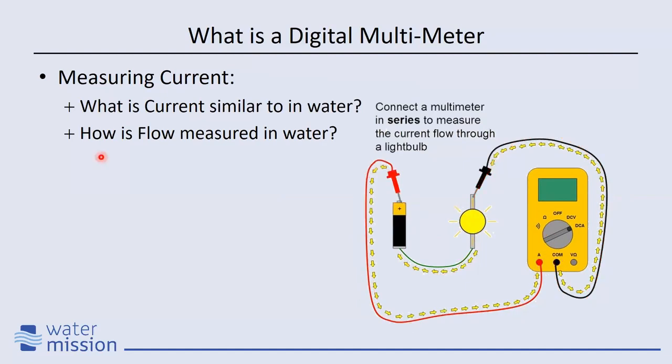Take a look at where this red lead, this red wire, is connected on the multimeter right here. It's connected to the A. Also, look at this dial on this multimeter. Where is it pointing to? It's pointing to DC, direct current amps. Now let's flip back a slide and look at how we're measuring voltage.